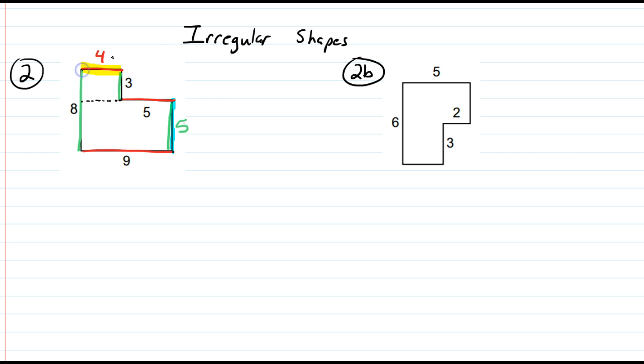And so remember that the area of a rectangle is just base times height. So the area of this one is just going to be 4 times 3. And so 4 times 3 gives us 12. And so now we're going to find the area of this one.